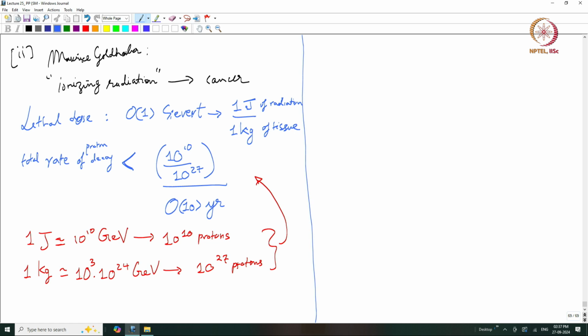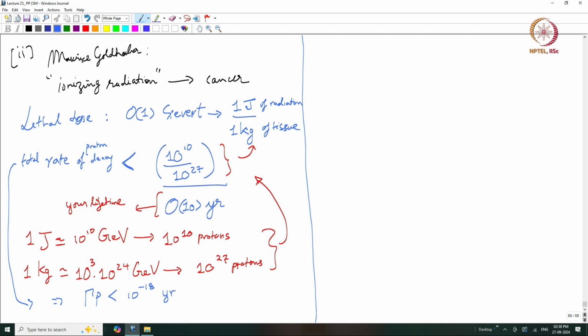Now, what is that? Let me just mark this here. This bit is your lifetime. So, each human is their own source as well as their own detector in this experiment. That tells me simply that the rate of proton decay from this consideration is less than 10 power minus 17, and there is a 10 in the denominator, order of the lifetime, which I will just take as 10 right now.